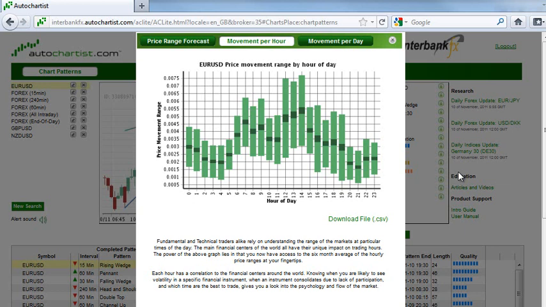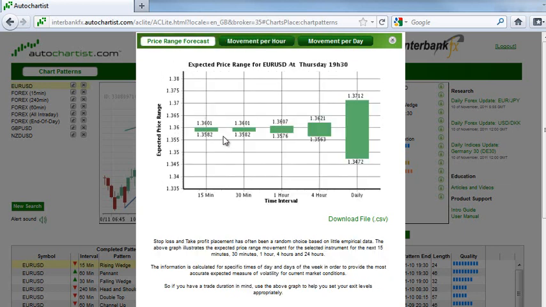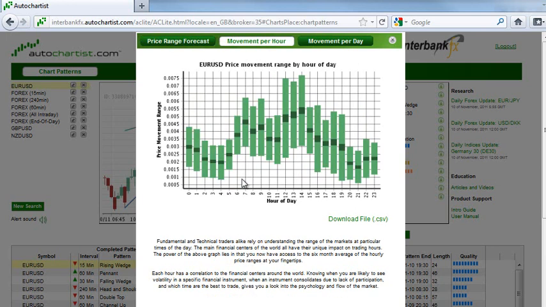This is a combination of time, historical price movement, and therefore volatility, and support and resistance. And it's not just based upon identifying a price level at which we think support or resistance could come in, but also when you look at the movement per hour of day, we're talking about an average pip movement, a high and low to that range. We can see how the pip movement increases and decreases at certain times of day.